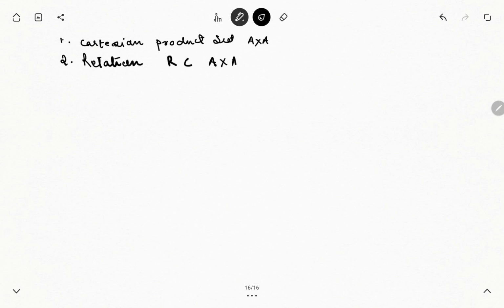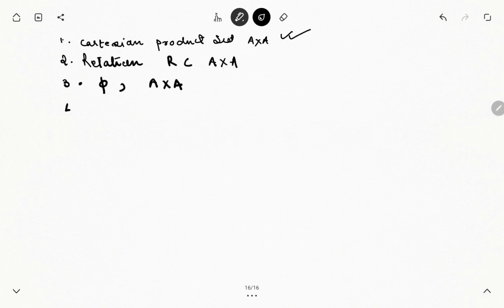First point, we have taken the Cartesian product set, which is denoted as A cross A. Next, we have taken the relation, which is a subset of A cross A. So that's why it was necessary to revise what is A cross A. Relation R. And the third is, we have taken the two extreme relations, the null set phi and A cross A.